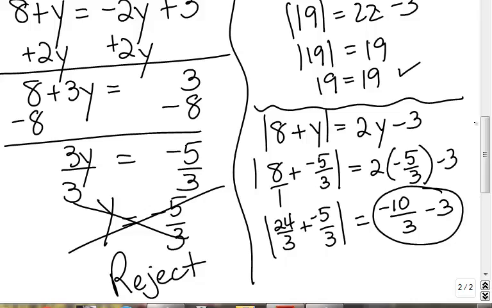It is critical that you check your answers back in the original, because you will reject some and that will cost you points if you don't take time to check. If I was studying for the test, a thing I would put at the top of that paper is: check your answers. You have to check your answer in the original. Any questions on that?